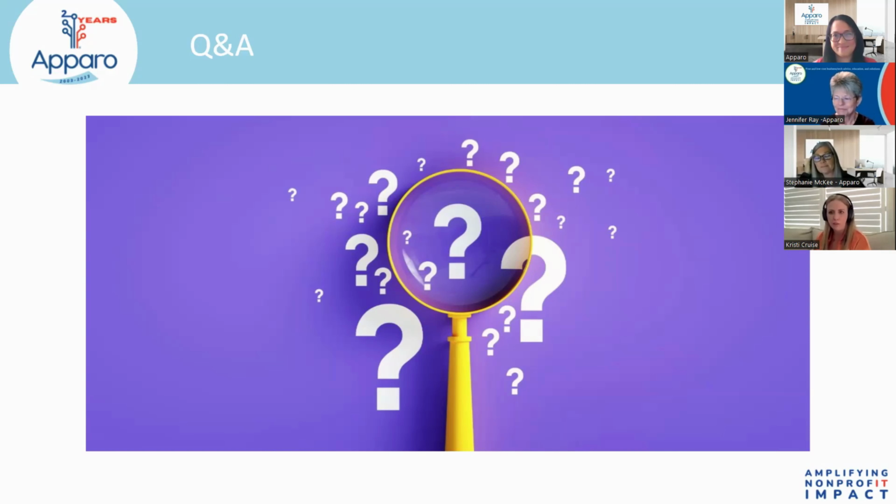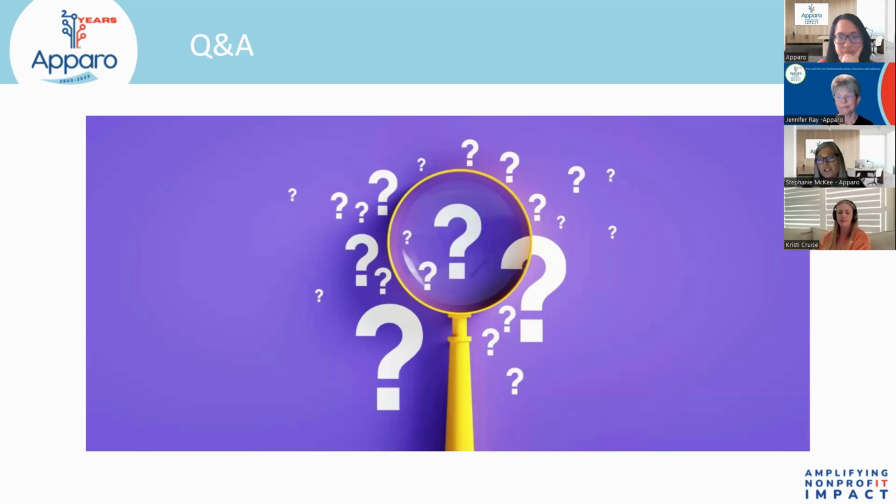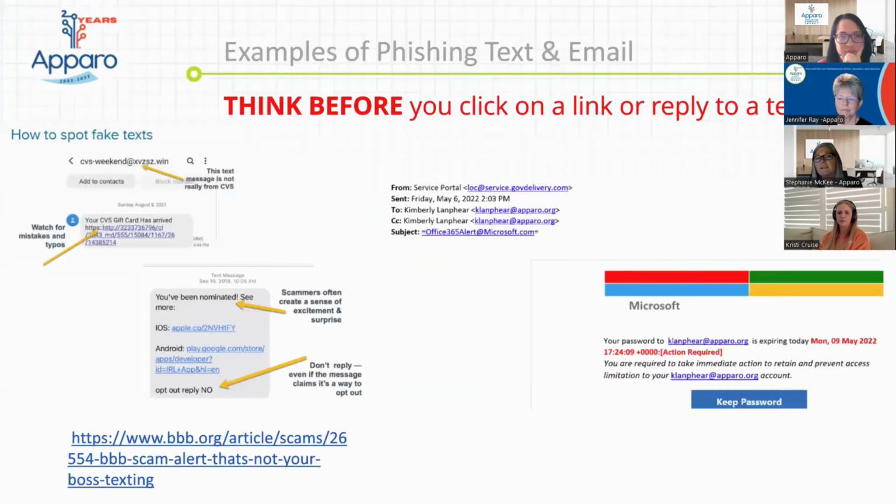It looked like an invoice, and I thought it was a legitimate invoice. Yeah, those are really good. There are some very creative ones out there that are really hard to detect. Usually if you hold your cursor over the link, like the example I showed you, the one that came to Kim, that blue box that said keep password, you can see the URL.